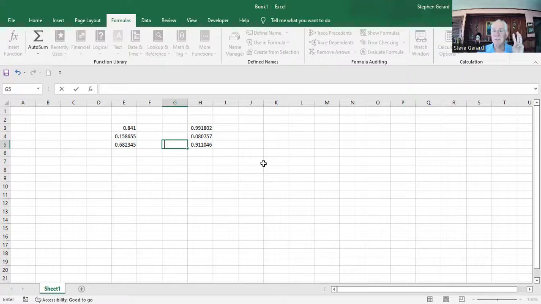But those are the three key concepts that I want you to come out with from this process. So that's an explanation of how to use the Excel functions and how some of that stuff makes sense to me, at least. Good luck with this.